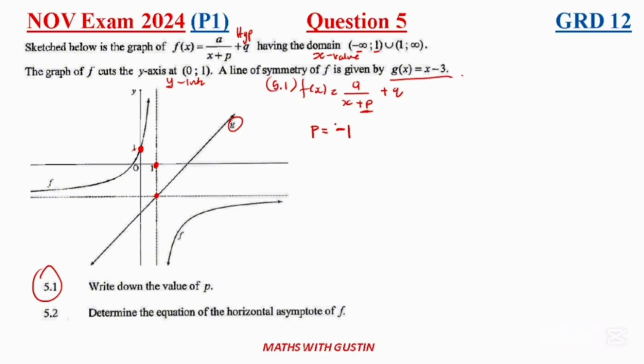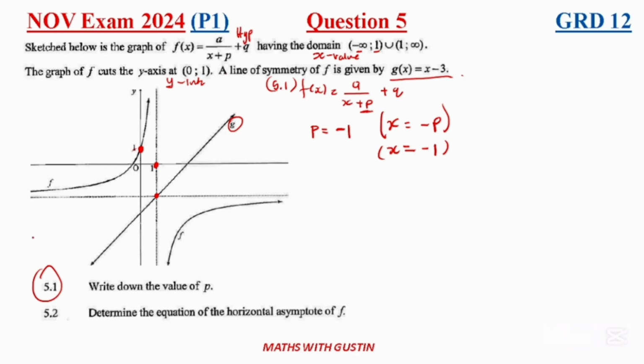I hope you guys are aware of it, but if you want to work it out, here is the formula: x = minus p. You just take the vertical asymptote and put it there. You can just say x is equal to negative, what is the vertical asymptote? 1. So therefore it's going to be -1. So this is how you would solve for it if you were to work it out like that.